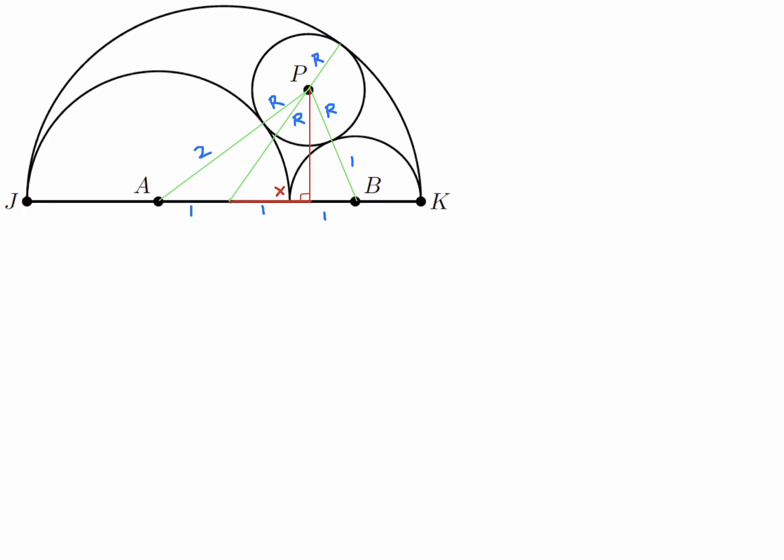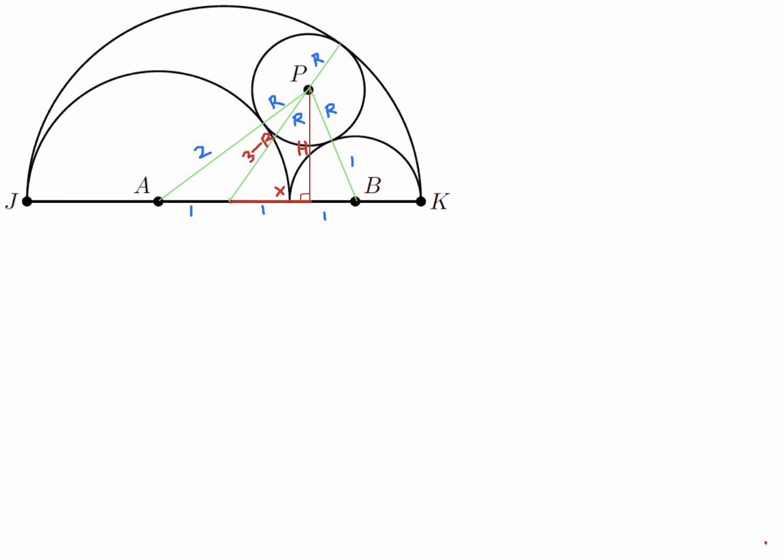That is X. And then the top to bottom I will call H for height. And the entire distance from here to here is 6, so that means the radius of the big semicircle is 3. So from there to there is 3, and therefore this distance is going to be 3 minus R.